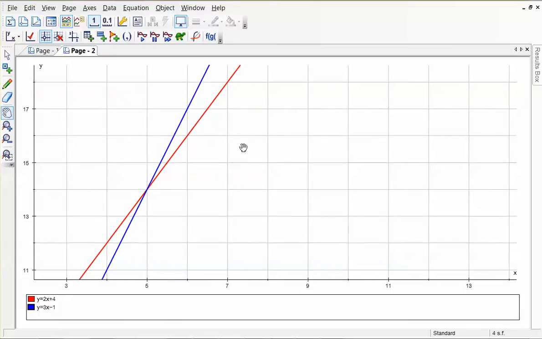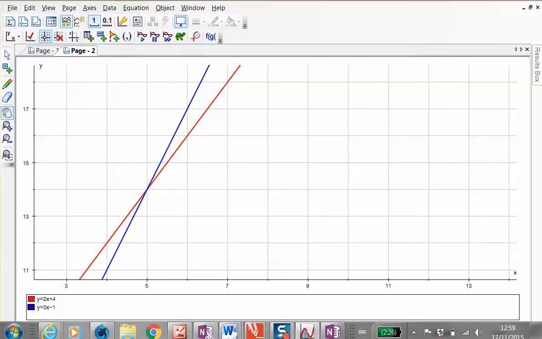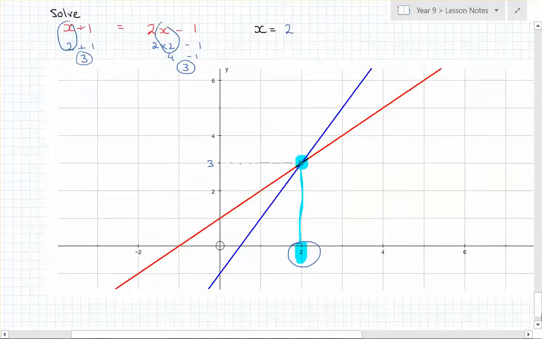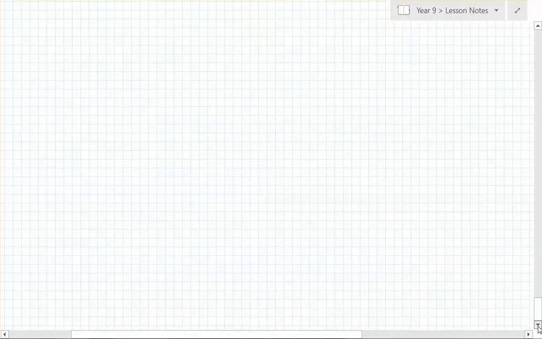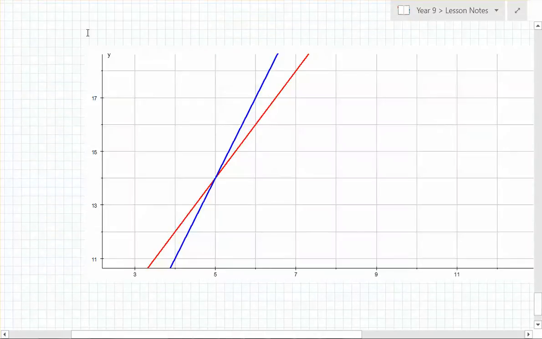Alright. So, I'm going to take this page, I'm going to copy the graph, I'm going to put it here. And so what did I say we were trying to solve?